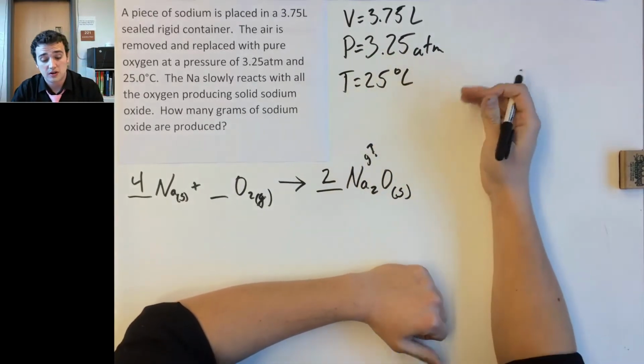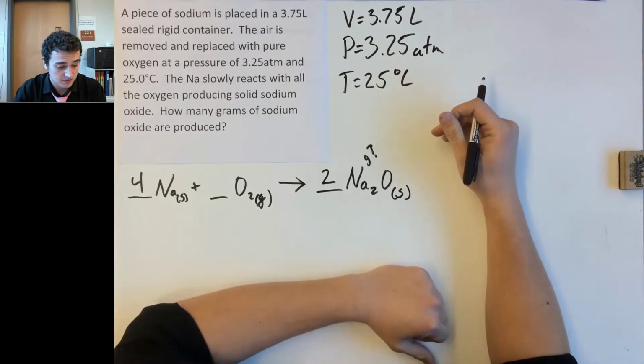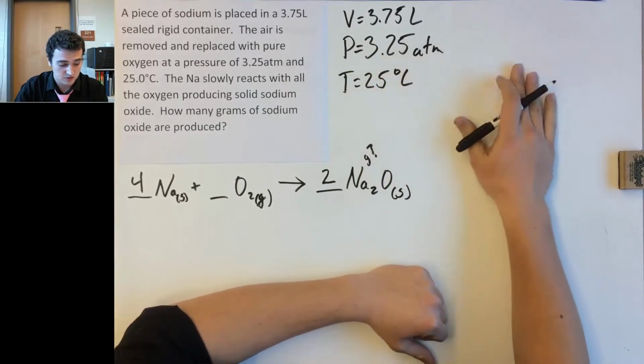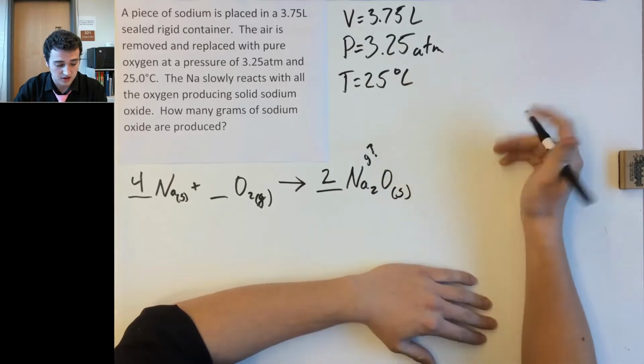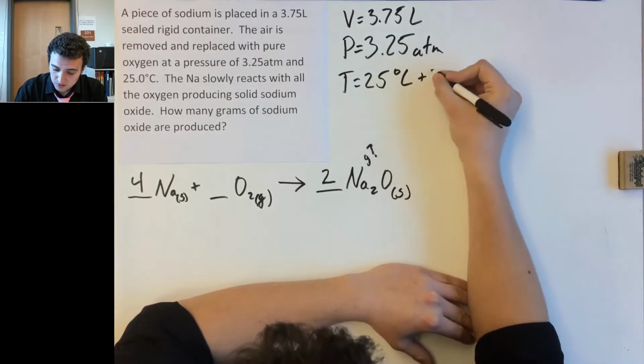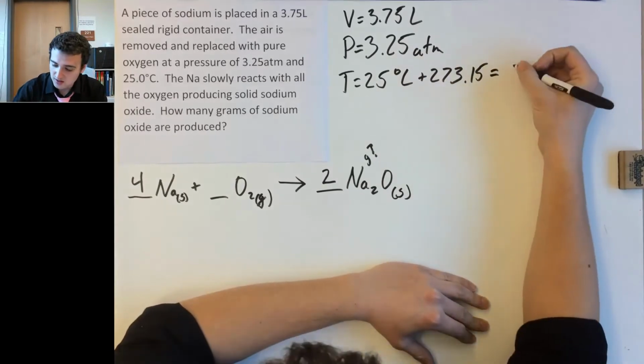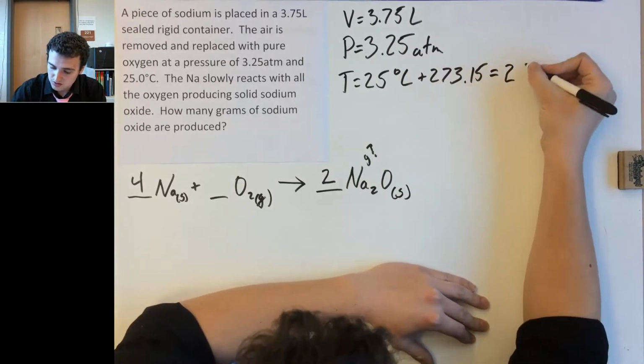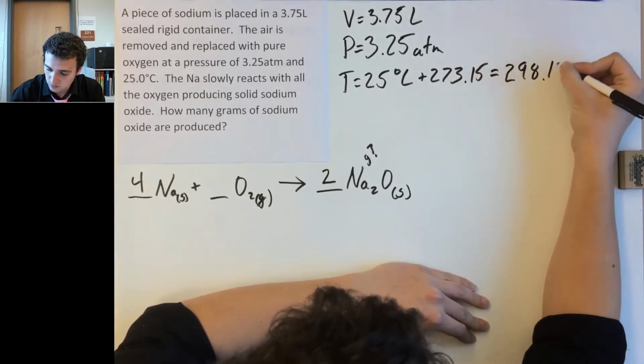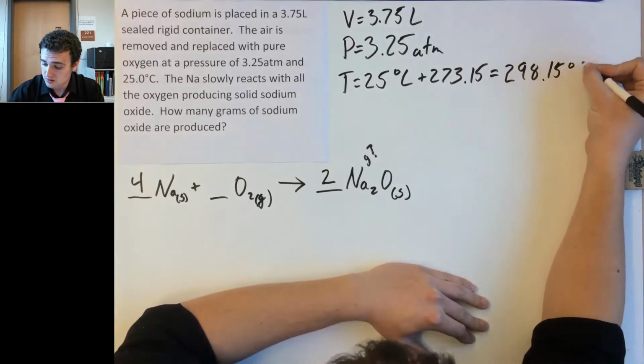Now that I know that I'm doing gas chemistry, I'm going to convert this to Kelvin because we always want our numbers in Kelvin. I'm just going to do it right now. I'm going to add 273.15, and I get 298.15 degrees Kelvin.